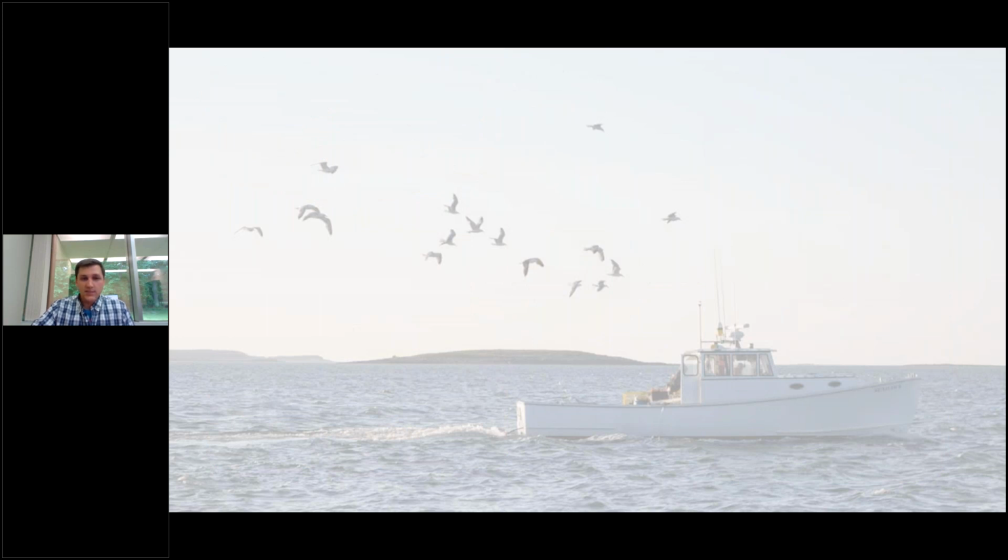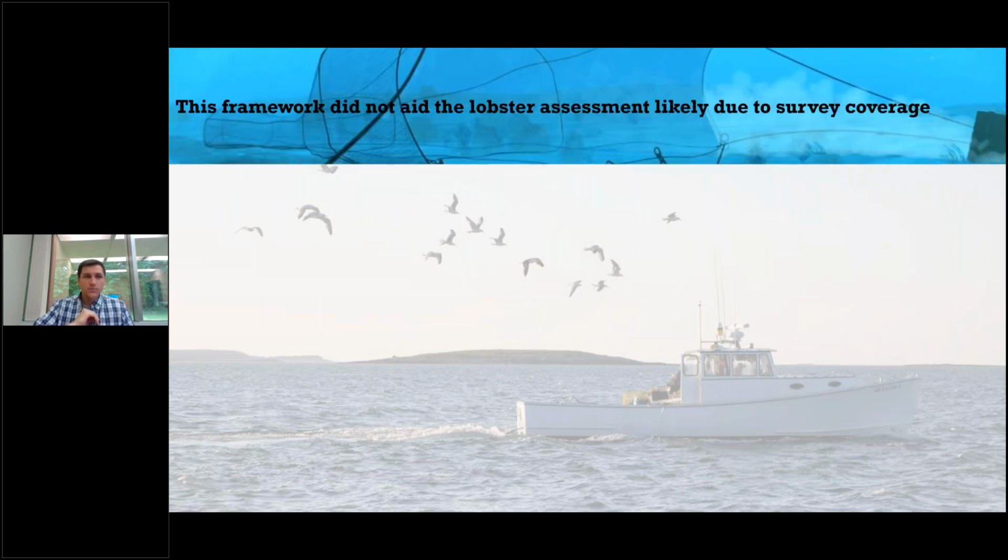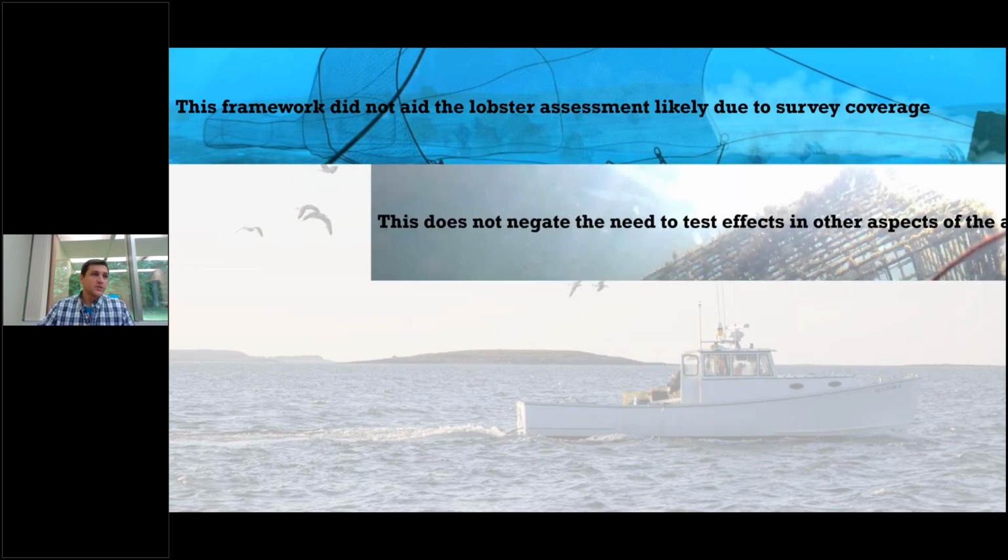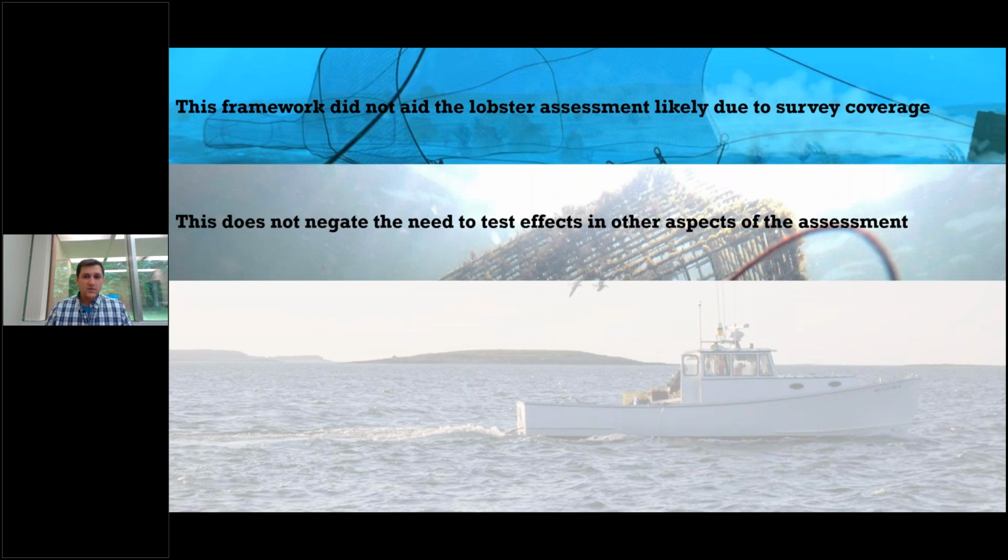So to quickly summarize this section, modeled indices with environmental covariates did not improve the assessment for Gulf of Maine lobster. It's important to note that this does not mean null relationships of lobster with these parameters, only that the abundance indices currently in use might already capture appropriate trends.